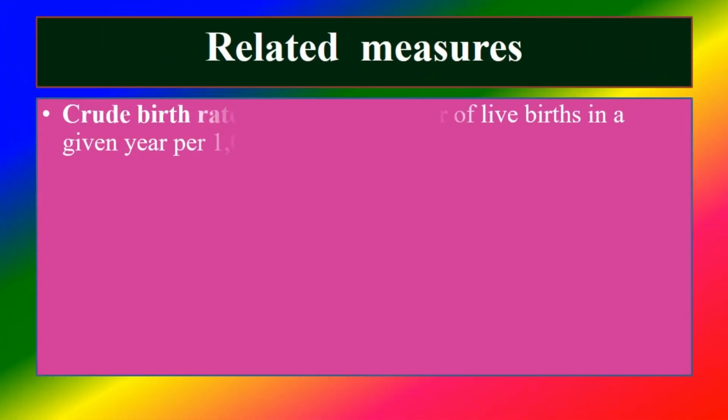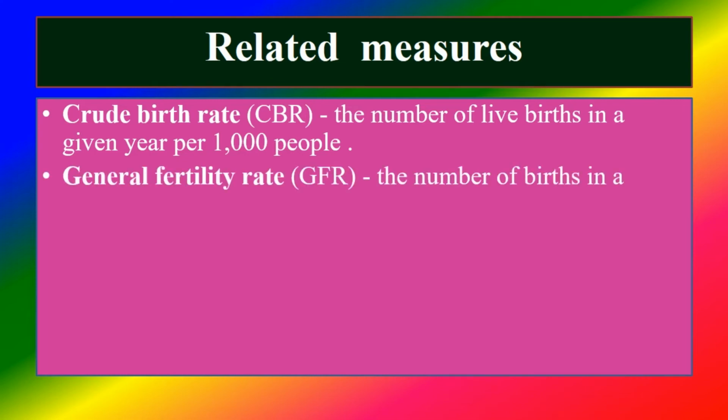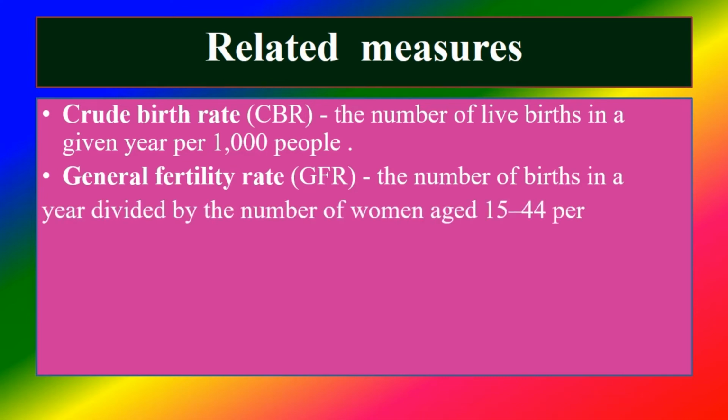Related measures: crude birth rate, the number of live births in a given year per 1,000 people. General fertility rate, GFR, the number of births in a year divided by the number of women age 15 to 44 per 1,000 people.